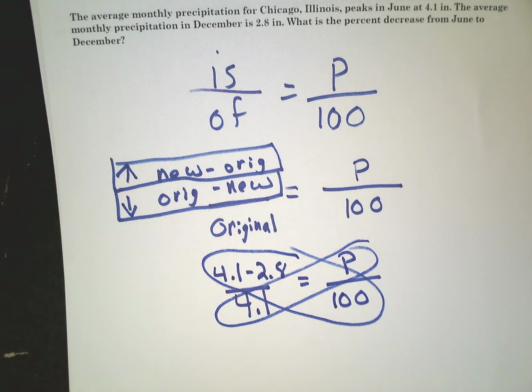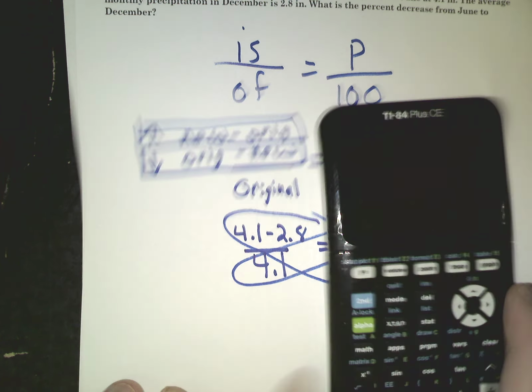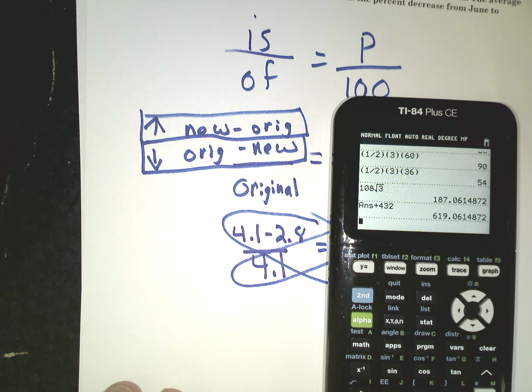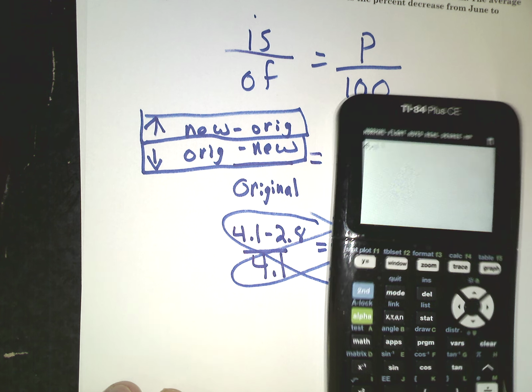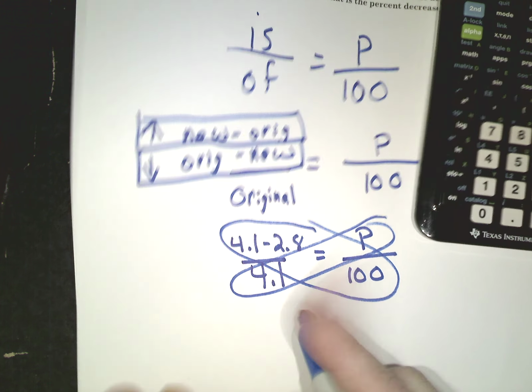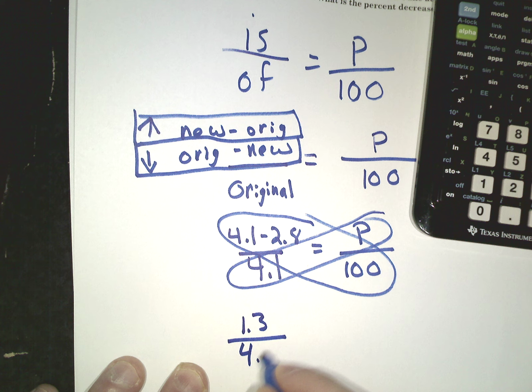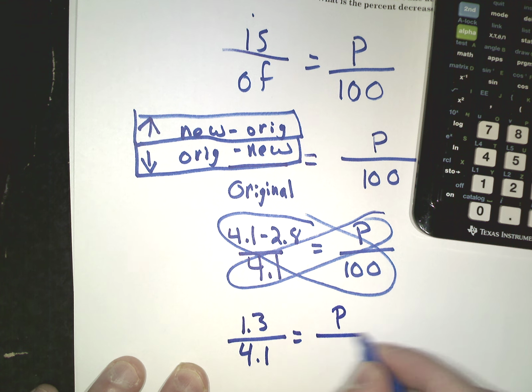Well, first I have to do that. But let's do 4.1 minus 2.8 in a calculator. Don't mess with it if you don't want to. Clear, 4.1 minus 2.8 just gives me 1.3. So 1.3 over 4.1 equals P over 100.